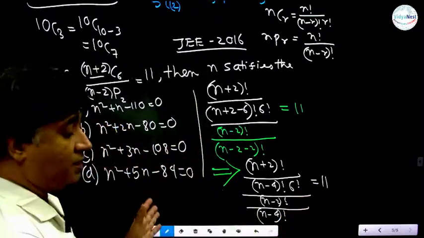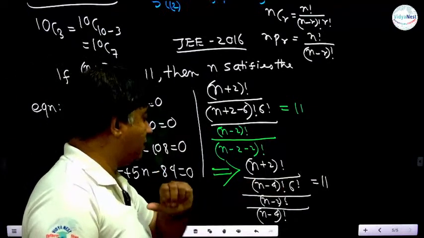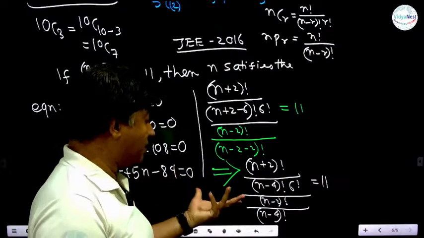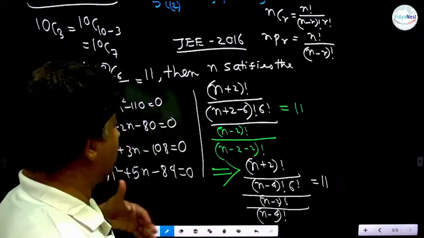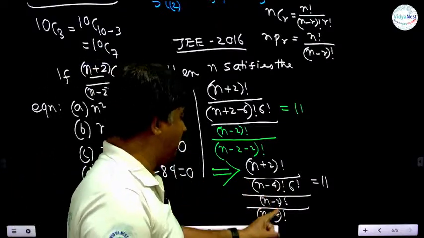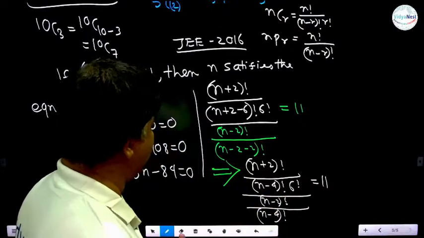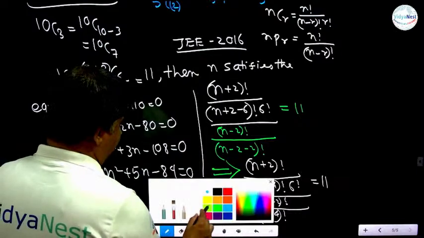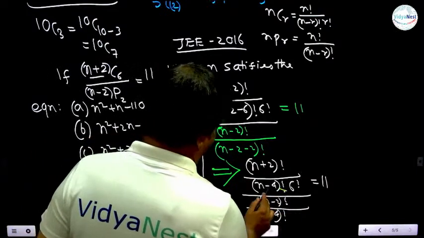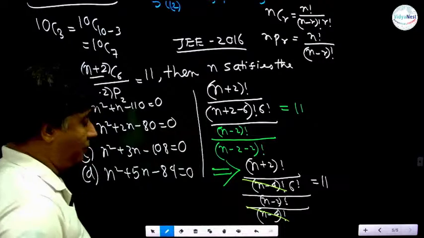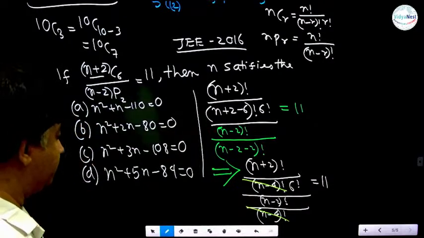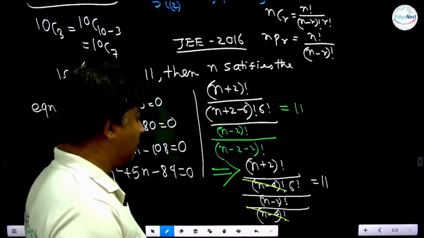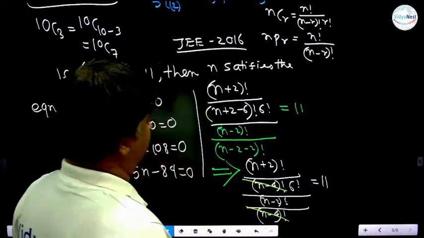So by simplification we can reach up to this stage. And what seems to us, a common factor n minus 4 factorial, which we can cancel by the rule of division. I can cancel it out. What would be the next?